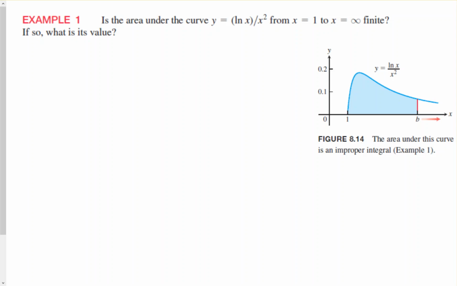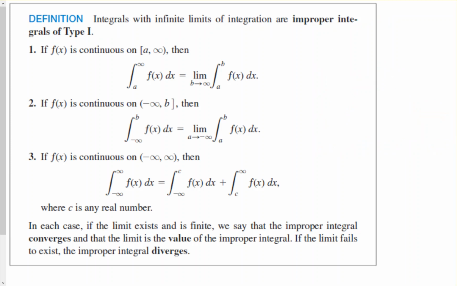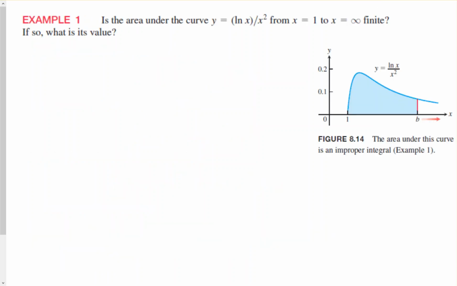So the way we do this, let's go back to the definition, is we start setting up the integrals as, you'll notice, limit functions. Okay, we take the limit as some variable approaches infinity. So we could do a similar thing here with this problem.